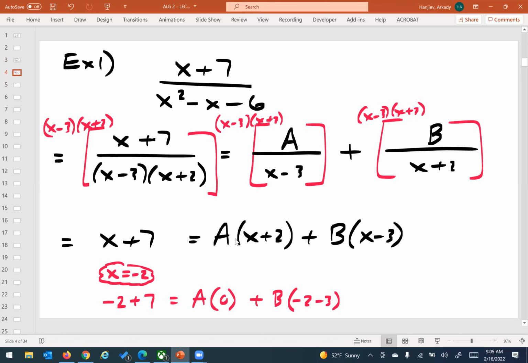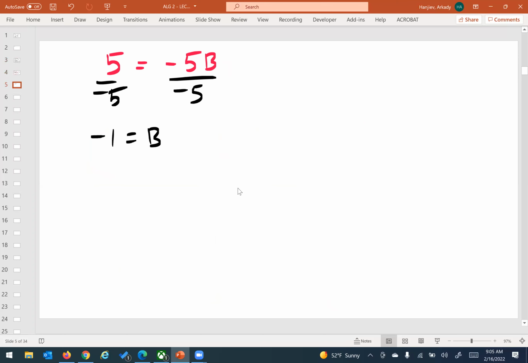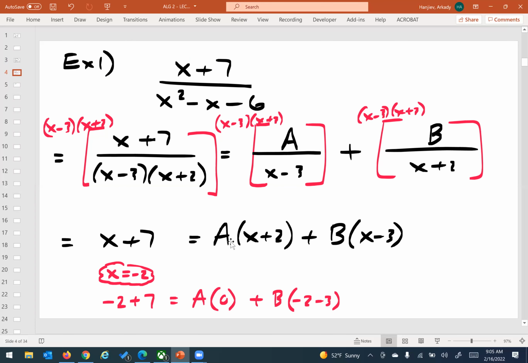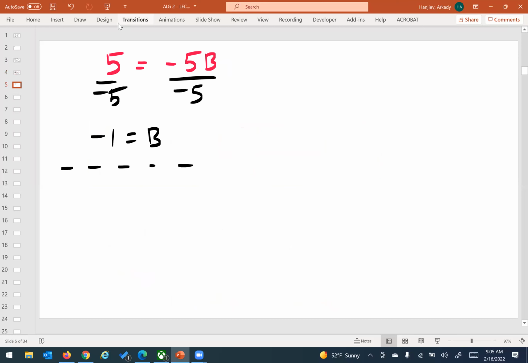Wait, can you go to the next one? Let's go back over here now. What x? 3. Everybody good with 3? x equals 3. That will eliminate the b now. And that will get us our a value that we need.